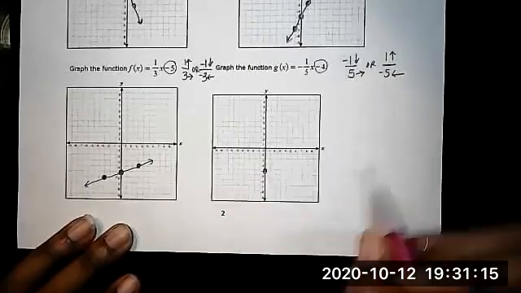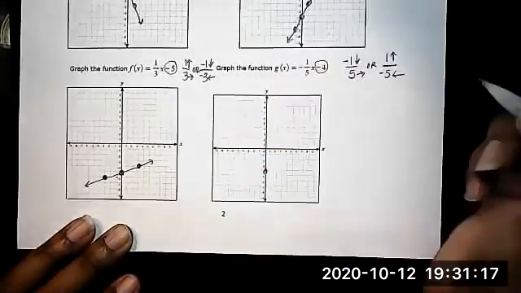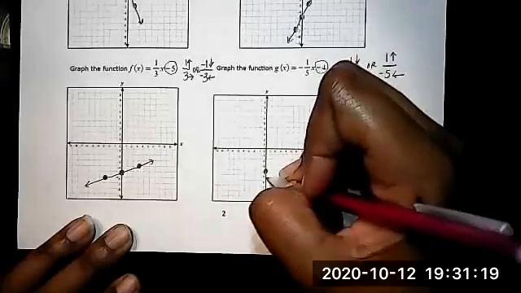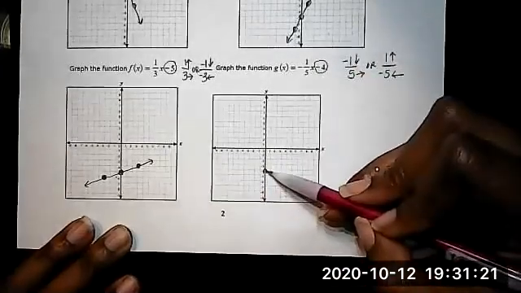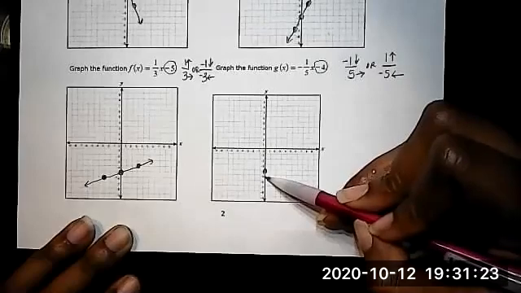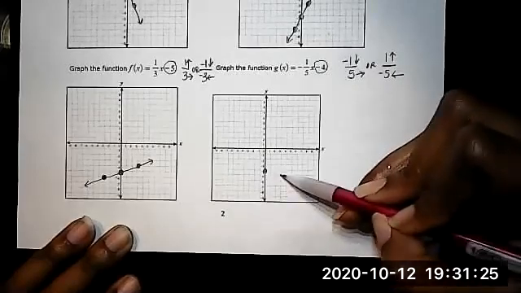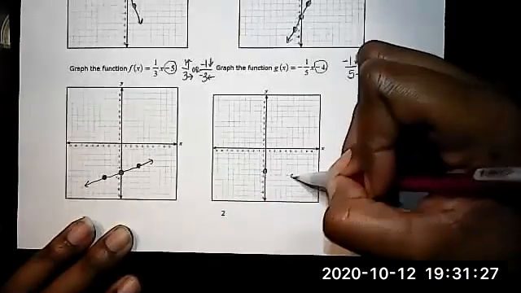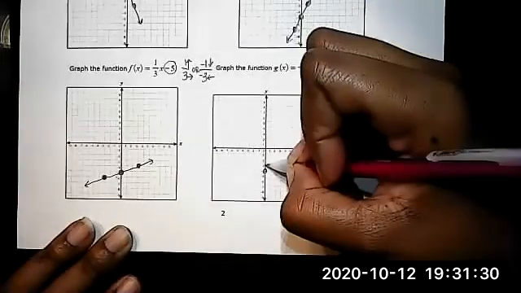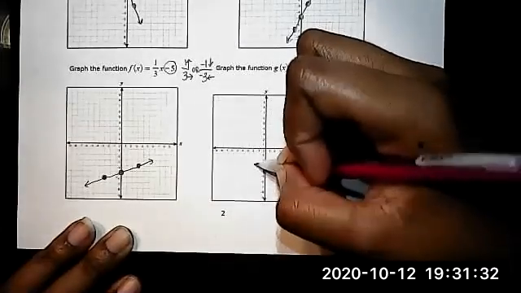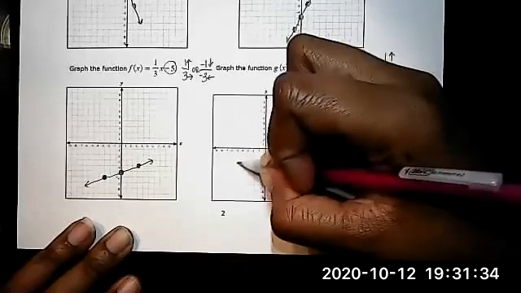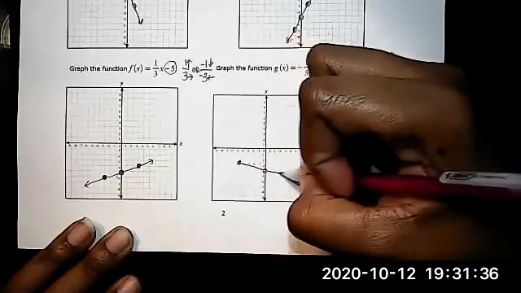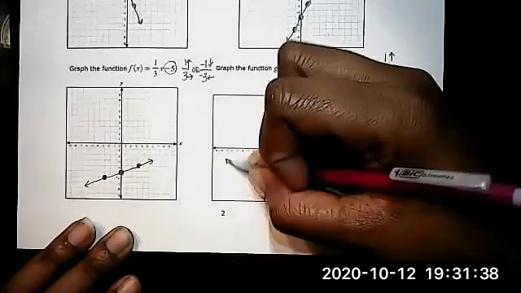So from -4, I'm going to go down 1 and right 5, 1, 2, 3, 4, 5, or up 1 and left 5, 1, 2, 3, 4, 5. So this is our line there.